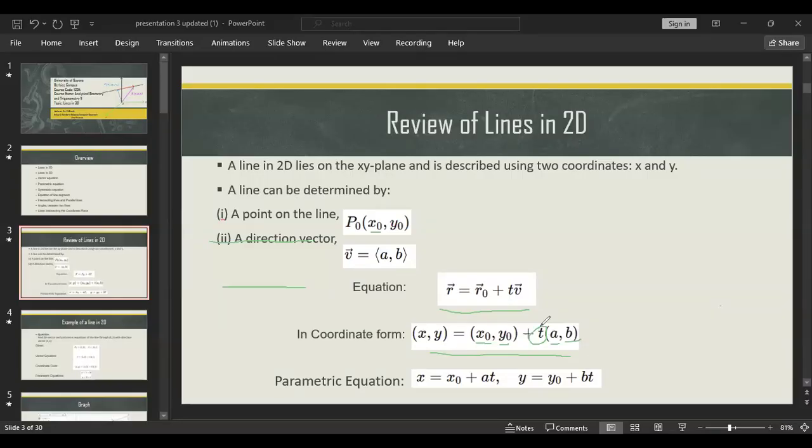And if you change the value of t, you would basically move along the line. And the parametric equation is given as x is equal to x naught plus at, and y is equal to y naught plus bt. So let's look at an example.